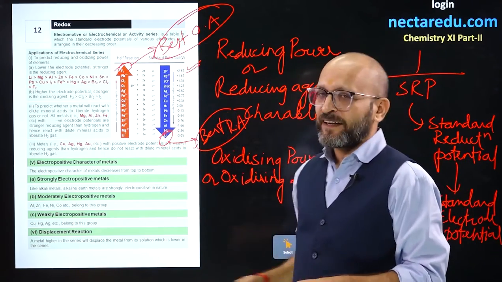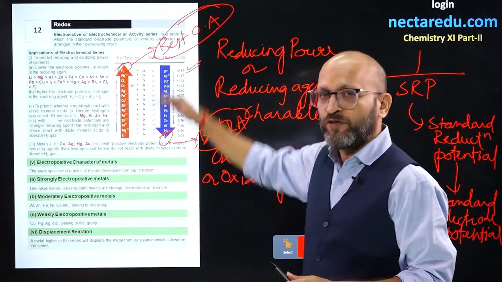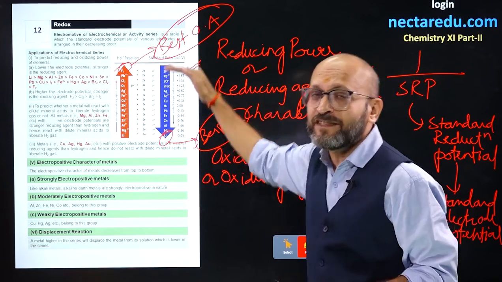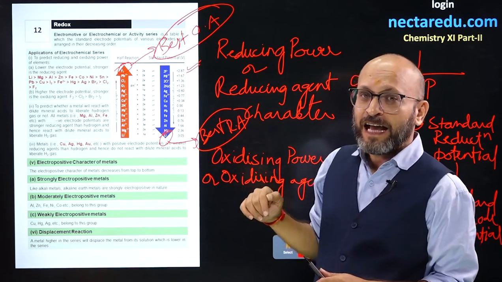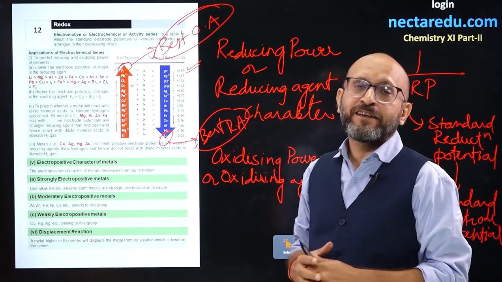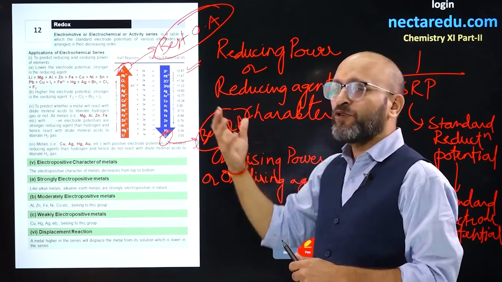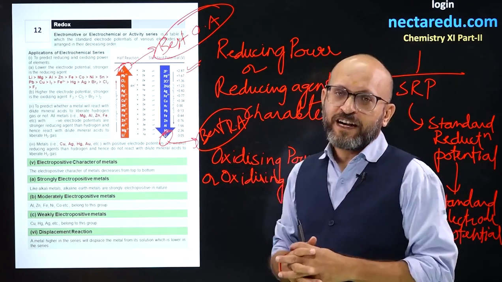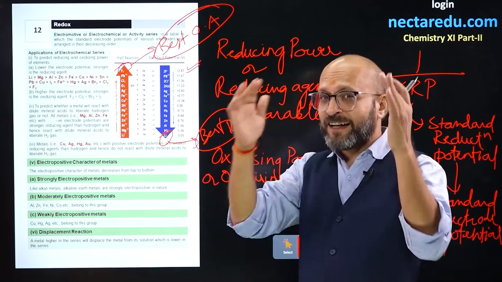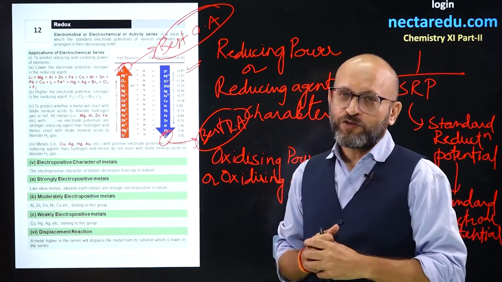From this you can understand, if we go from top to bottom, oxidizing agent character or oxidizing power is decreasing and reducing agent character and reducing power is increasing. This is a beautiful thing we can understand from this series. You can see how critical this could be.